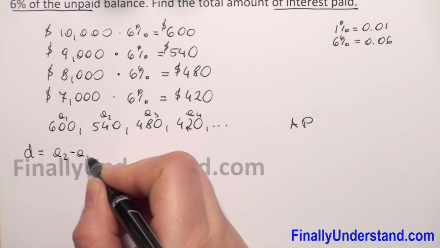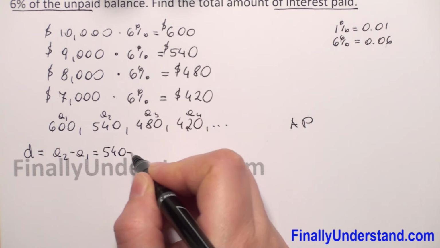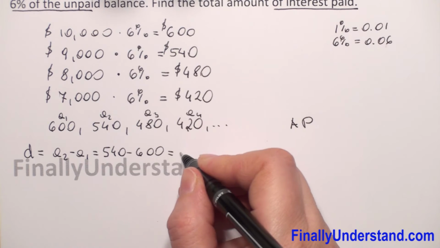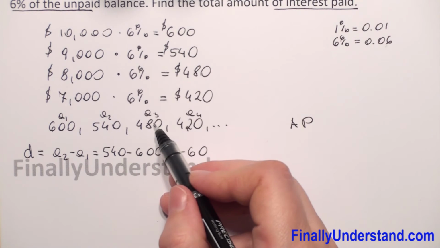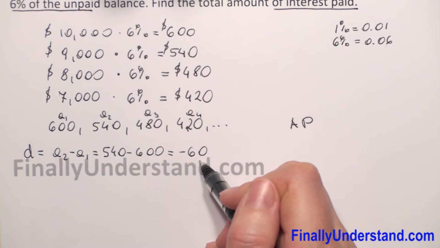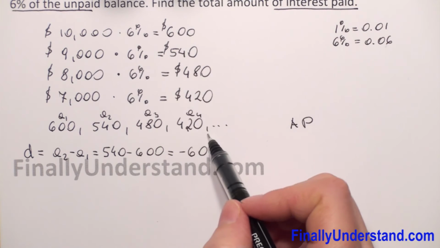A2 minus A1, what will be? 540 minus 600 is negative 60. And for example, A3 minus A2 will be the same, negative 60. So we have here arithmetic progression.